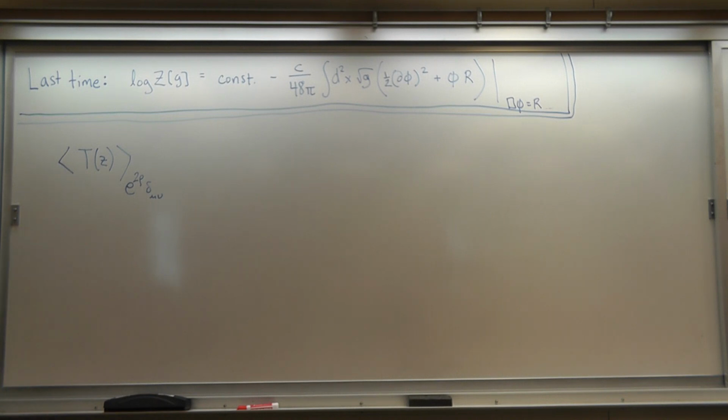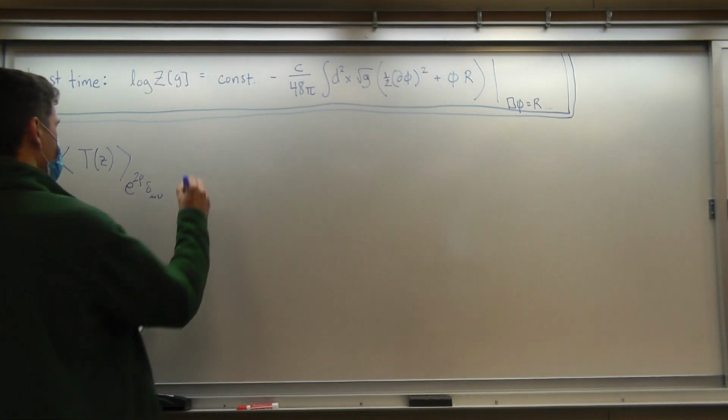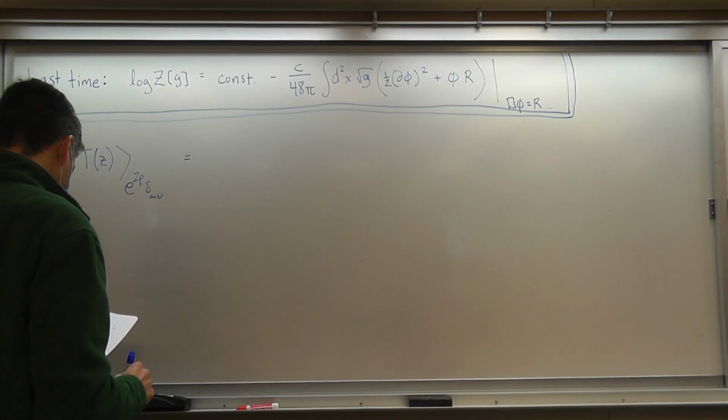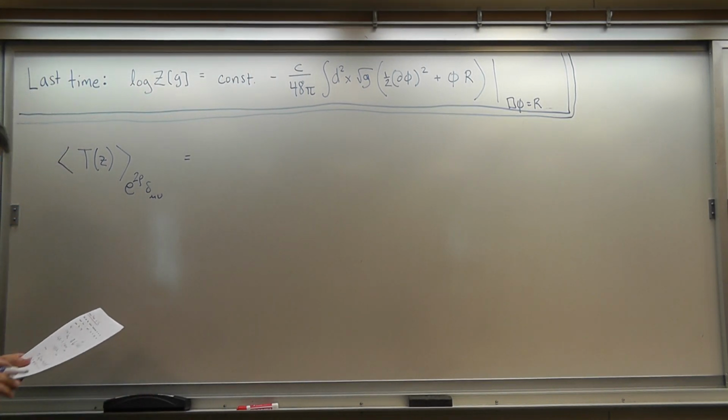Then we're going to use the relationship between Weyl and conformal to read off the conformal transformation of the stress tensor. This one-point function we can get just by differentiating. I could probably just write down the answer, but I think it's instructive to go through this.